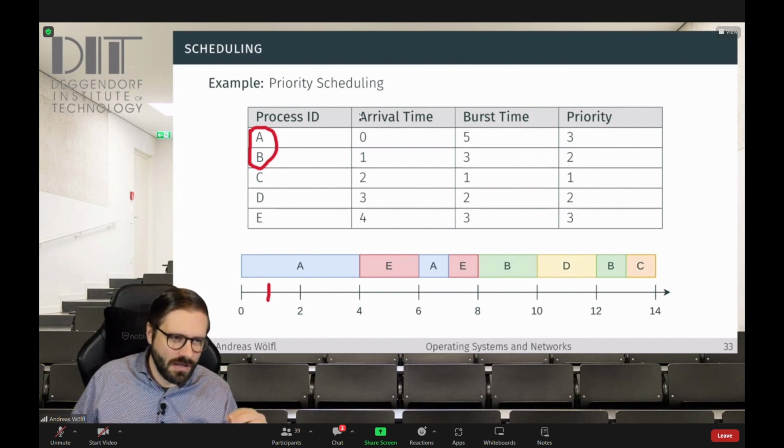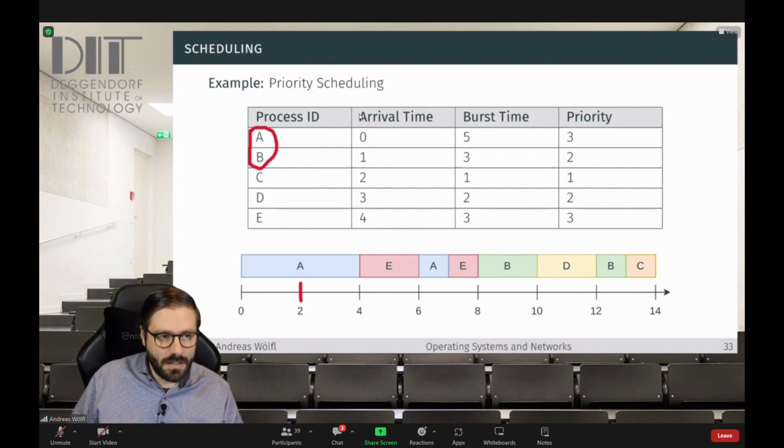As every level works according to round robin, we also have the concept of a time quantum. The time quantum, if not specified otherwise, is 2 in our example. As A did not finish its time quantum, there is in fact no context switch decision at time 1, but there is one at time 2.